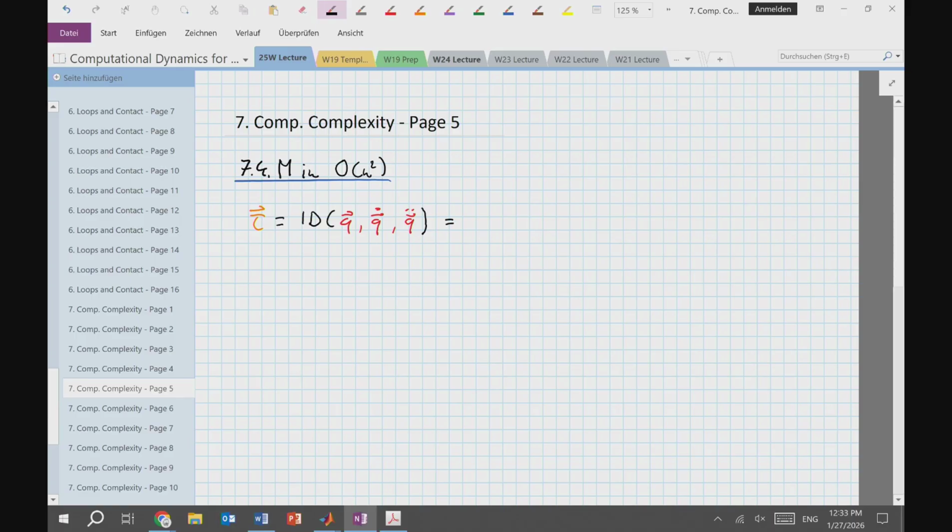And what that function does is equivalent to evaluating our equations of motion in their canonical form as M(q) q double dot minus f of q and q dot minus g of q.